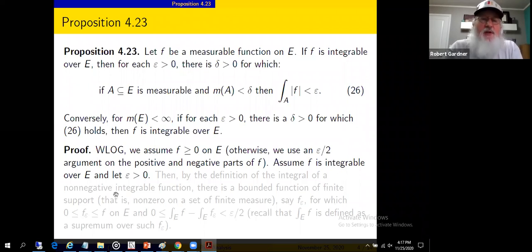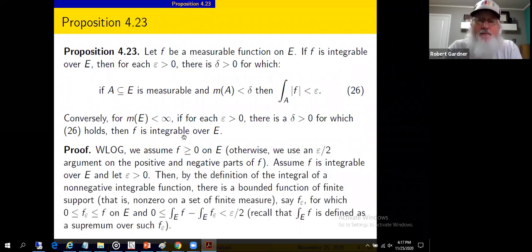So assume f is integrable and let epsilon be greater than 0. That's the setup. Assuming f is integrable, and for every epsilon greater than 0, we're off looking for deltas. All right. By the definition of the integral of a non-negative integrable function, which we have without loss of generality assumed f is, there's a bounded function of finite support, that is, a function that's non-zero on a set of finite measure.